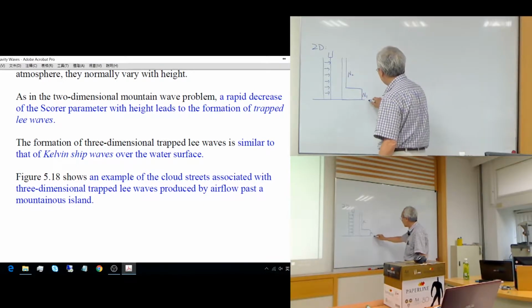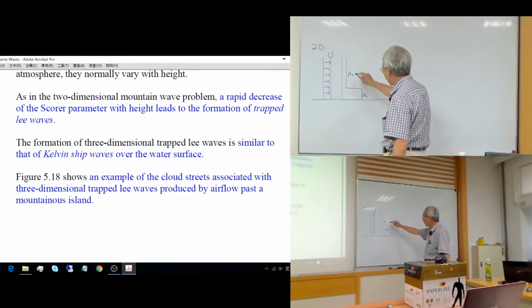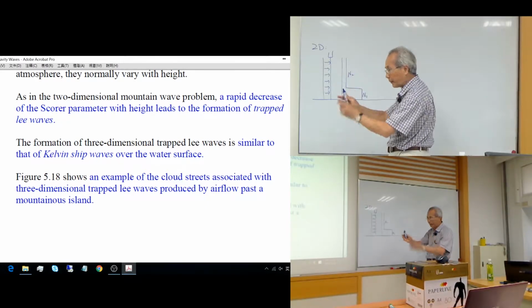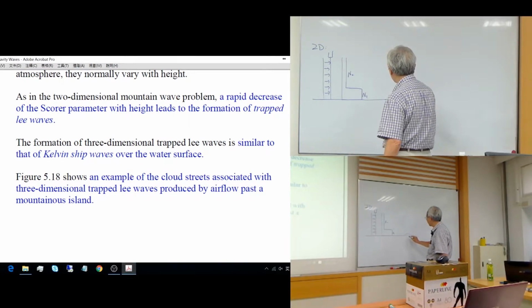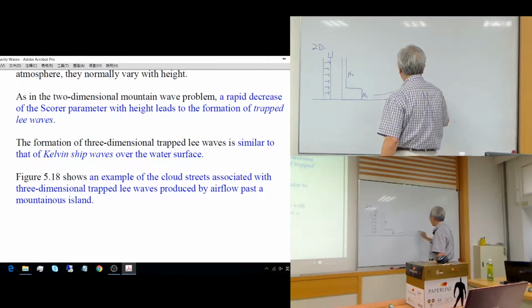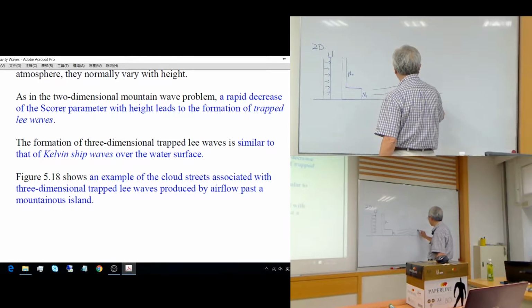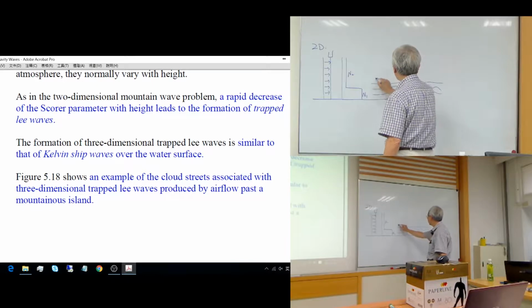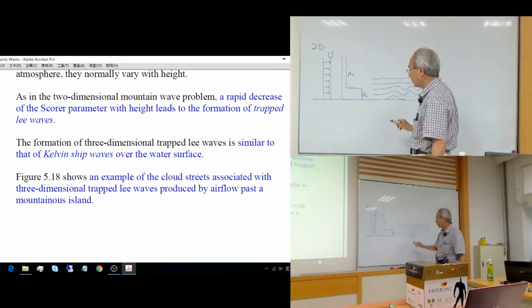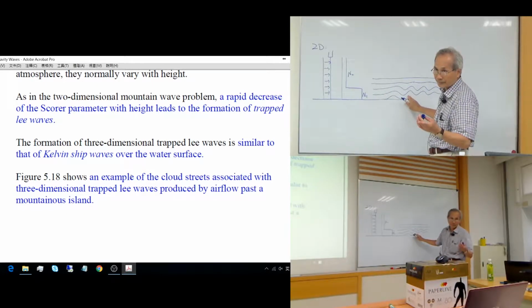Then what happens is, say you have a mountain here, and it's going to have this kind of wave. What is it called? Lee waves.